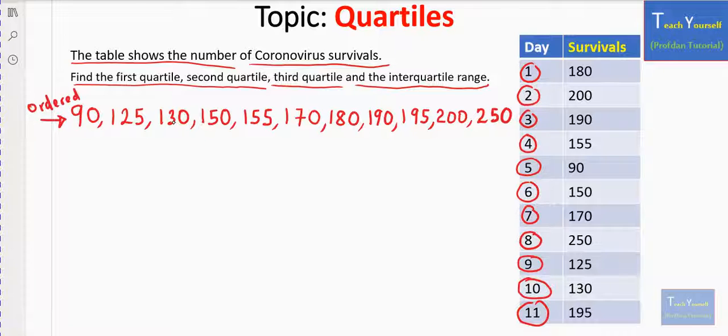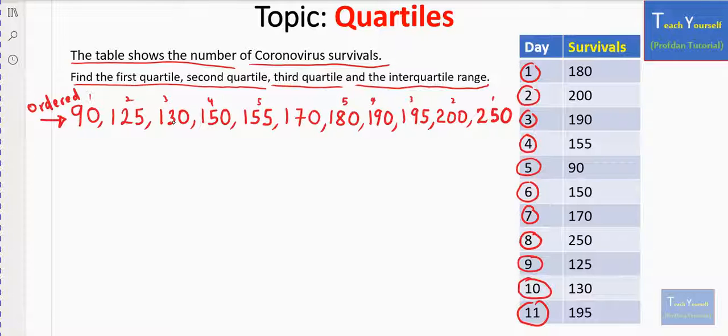Okay? So now, what is the first thing? If you are looking for quartiles, the very first thing to do for your ordered number is find what we call the median. That is, where do we have the middle value? So you have to divide this data into two halves. Okay, so we have 11 data values here. So the middle value should be, if we have 1, 2, 3, 4, 5, 1, 2, 3, 4, 5.